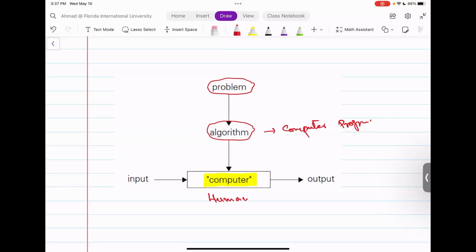So when we have a problem, we write an algorithm, then we convert that algorithm into a computer program. We give the algorithm to the programmer who writes a computer program for that. If the computer is not there, the human will follow the algorithm for the input and generate the output. That's how this whole algorithmic theory works.